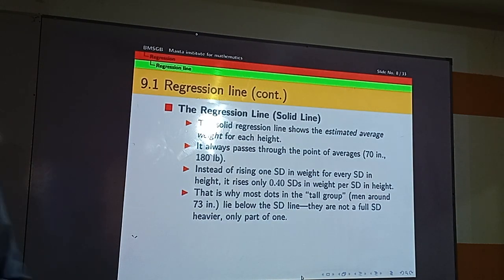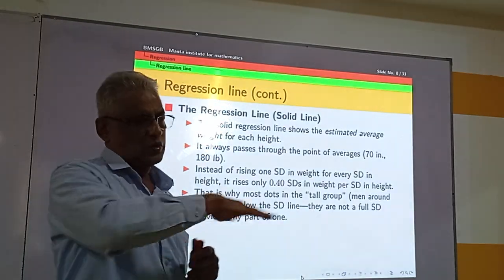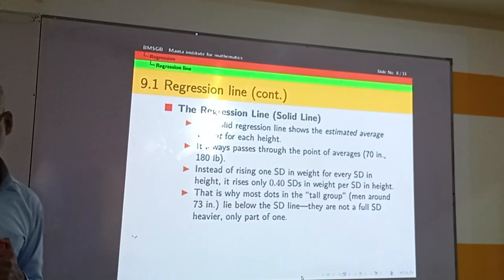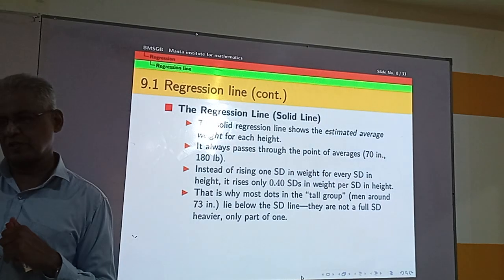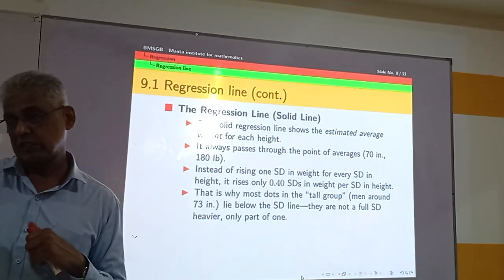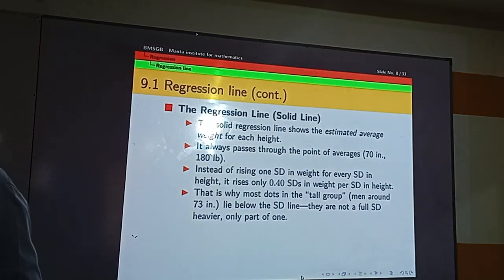So the solid regression line in the picture shows the estimated average weight. Right? So the estimated average will always be on the line, but the actual average will not be exactly on the line. It will be a little bit above or below. It always passes through the point x bar, y bar.